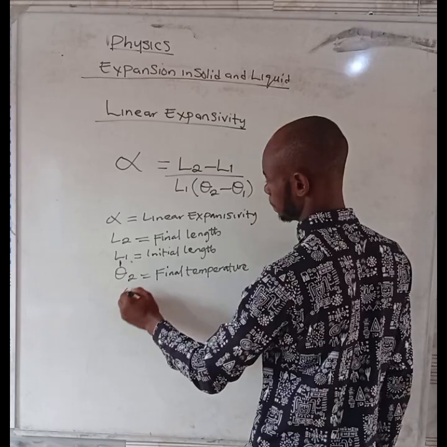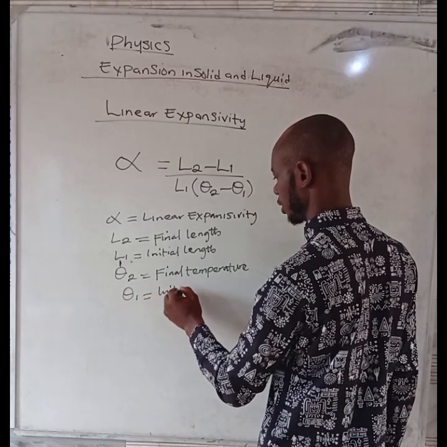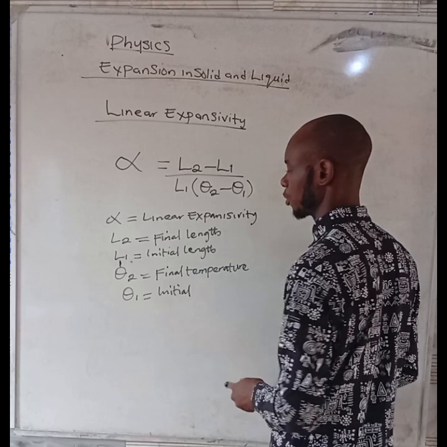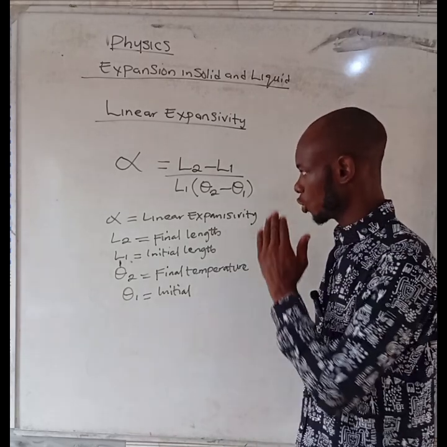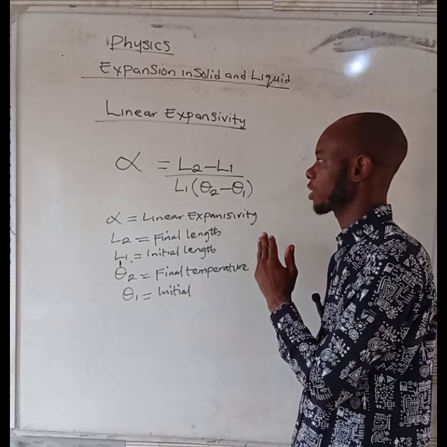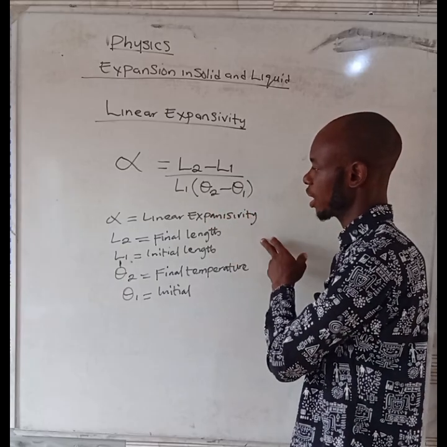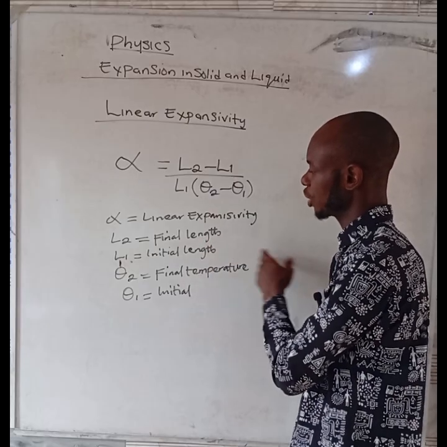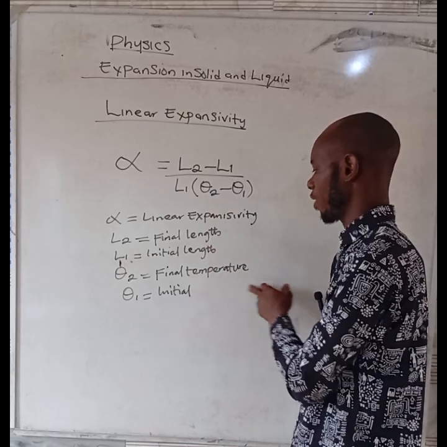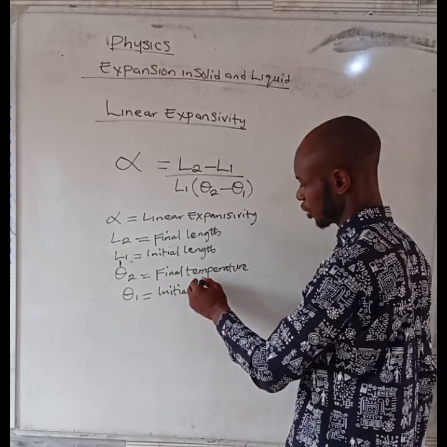Theta 1 is the initial temperature. So this is the formula for calculating linear expansivity: alpha is the linear expansivity, L2 the final length, L1 the initial length, theta 2 the final temperature, and theta 1 the initial temperature.